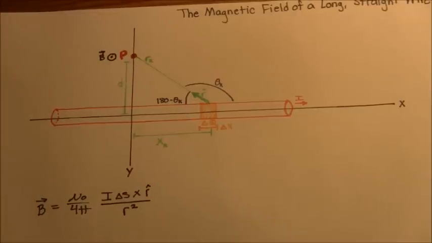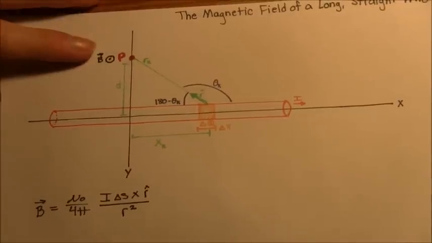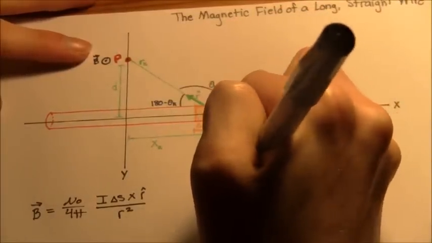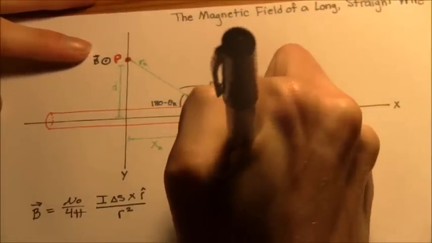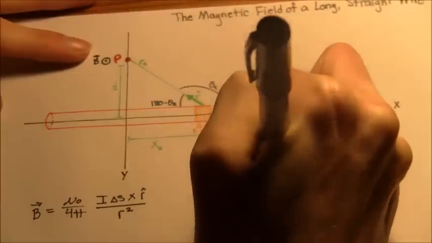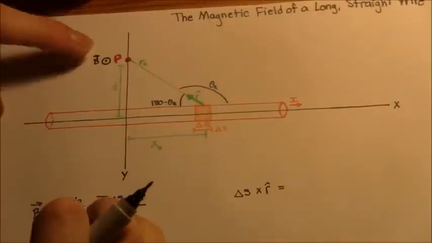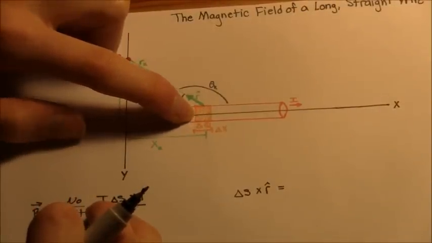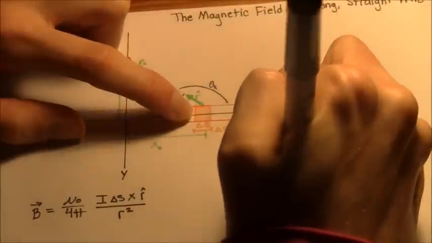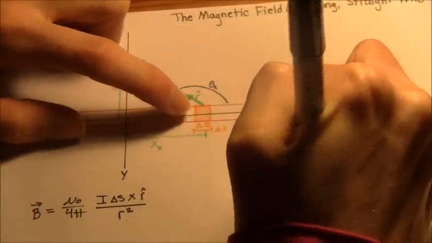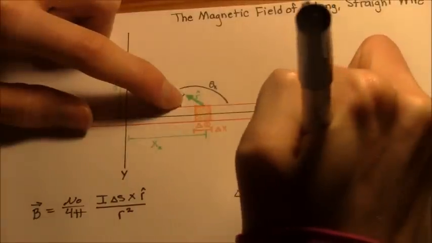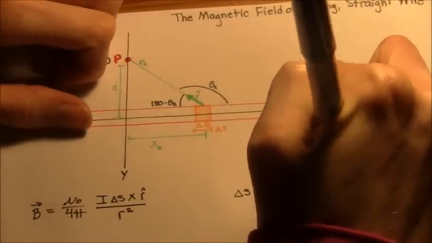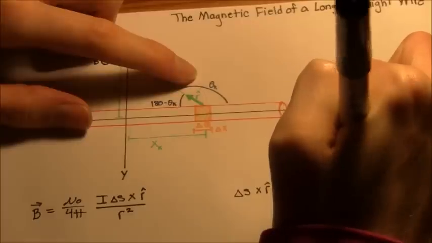Starting with the cross product of delta S and r hat, we find out using our diagram that delta S cross product r hat is equal to delta X, which is the small length of the part of the wire we are looking at, times 1 for our r hat, times sine theta k.